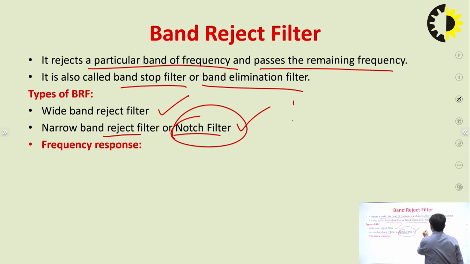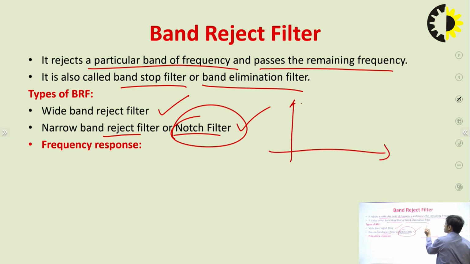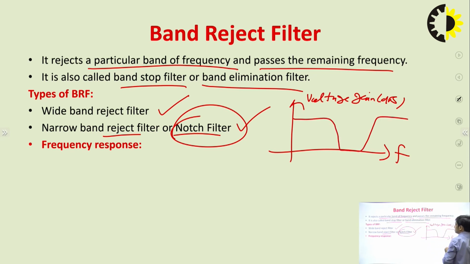Again, we need to understand the frequency response for the wide band reject filter. On the x-axis there is frequency, on the y-axis it is voltage gain in dB. The frequency response is like this one. Now you can see that this one is the stop band, and these are the pass bands.